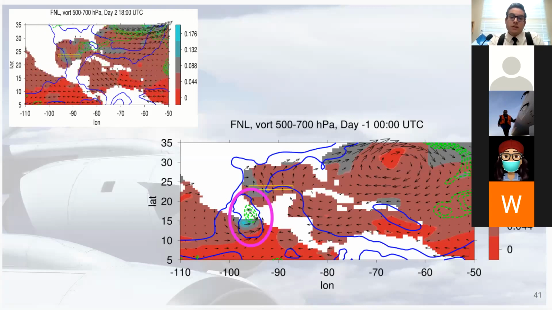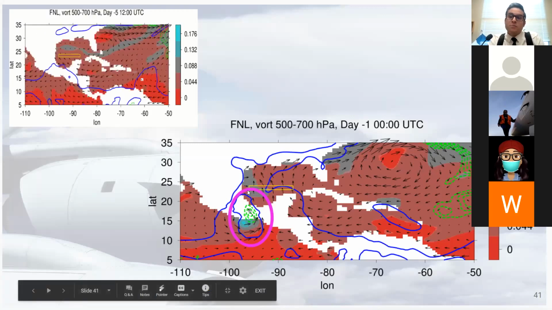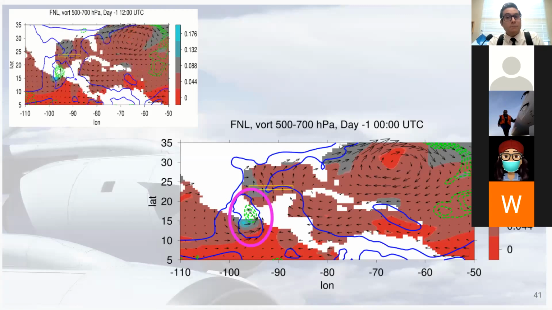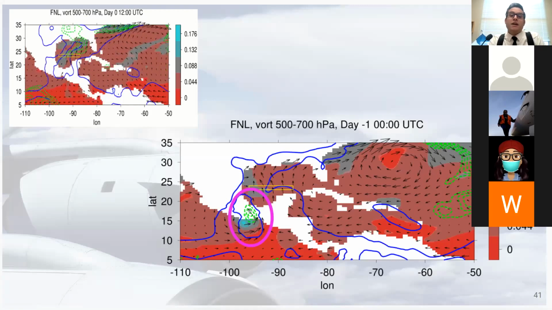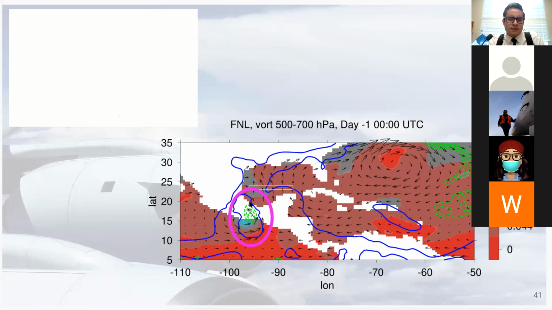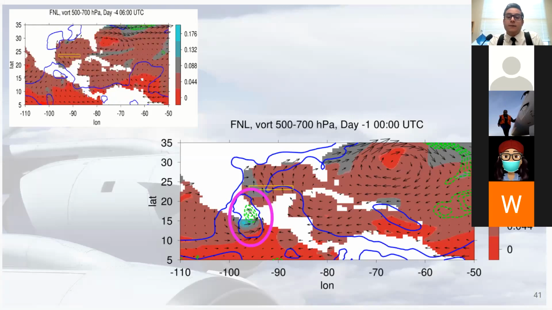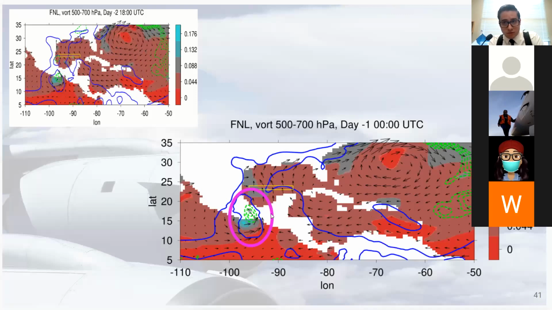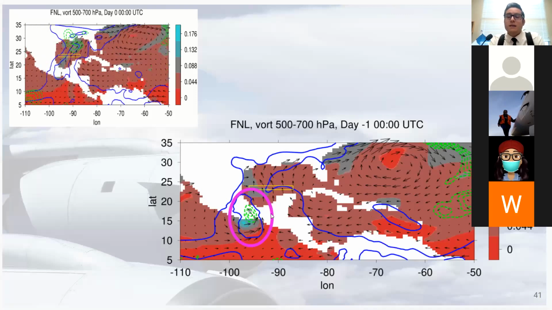The solid blue contours that we see in here are high saturation fraction, which means values of 0.7 and above. And the dashed bright green contours are low instability index, by which I mean from -5 to 5.